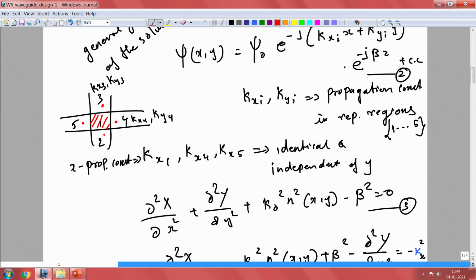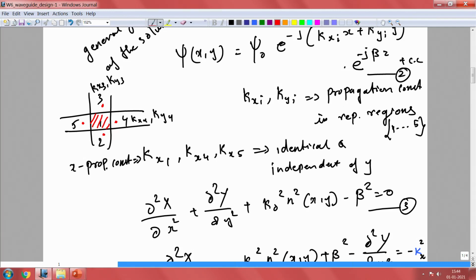So, all the dotted regions that you see here, the dotted region should have at least one component that is decaying. So, for example, if you take the x component along 1, 2 and 3, all those components should be oscillating in one of the coordinates, but then 2 and 3 should have at least a decaying solution in the other coordinates.